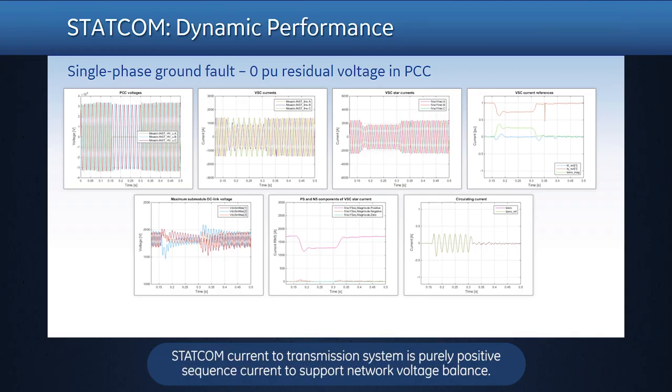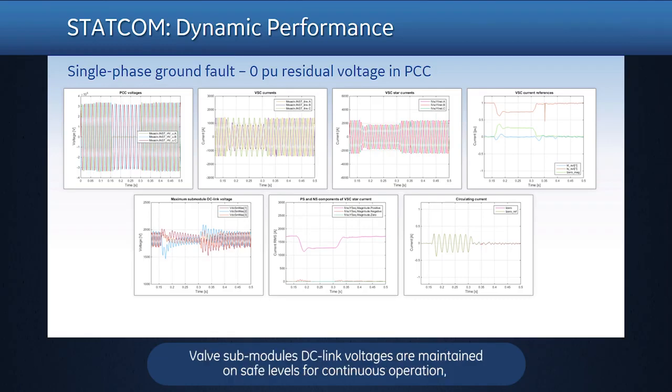Statcom current to the transmission system is purely positive sequence current to support network voltage balance. While submodules DC link voltages are maintained on safe levels for continuous operation and for rapid response for any voltage transient in the network. After fault recovery, Statcom returns to supply pre-fault current into the electric power system.